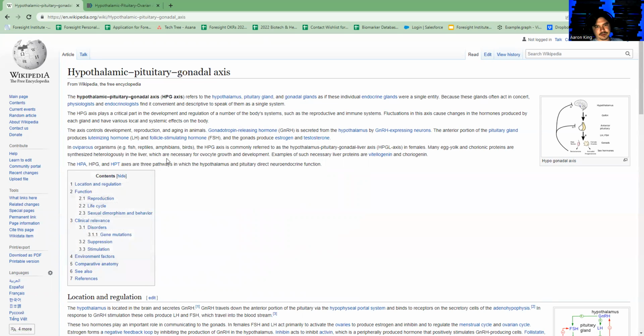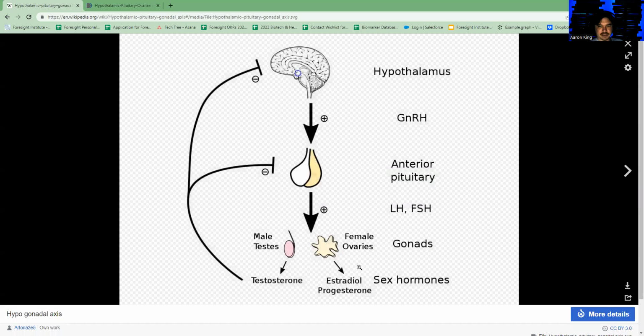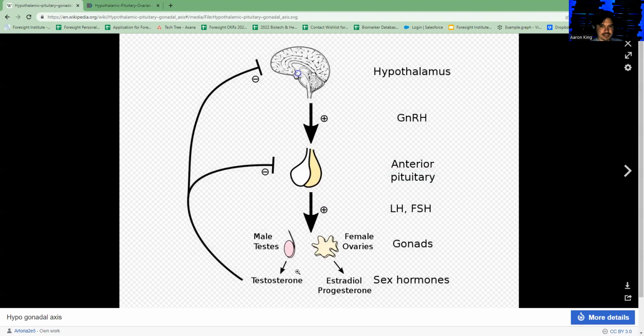And why is that? Well, because here they're saying the hypothalamus and pituitary are directing neuroendocrine function. But if ovarian aging or gonadal aging is affecting these two things, then they're going to get messed up.